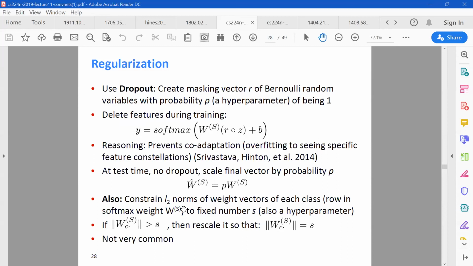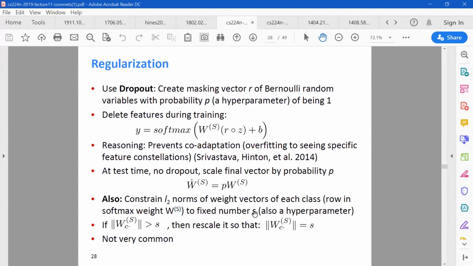He also had this weird thing. This is from the Yoon Kim paper, where he constrained the weight vectors to have a certain norm S, where S is a limit for the norm of the weight vector.